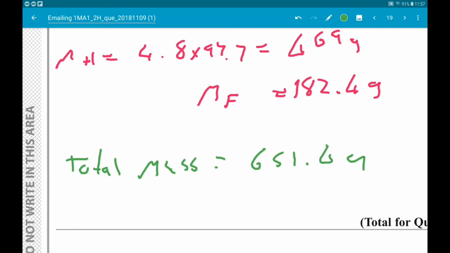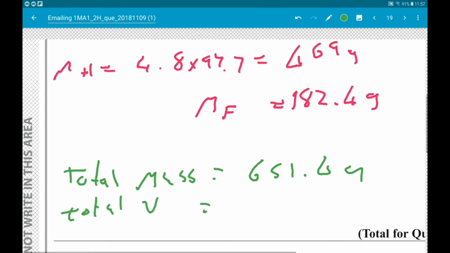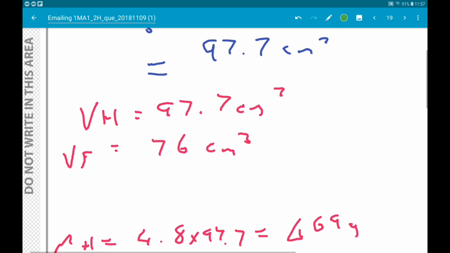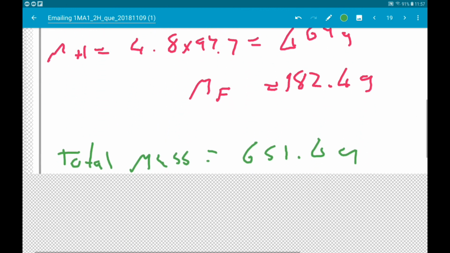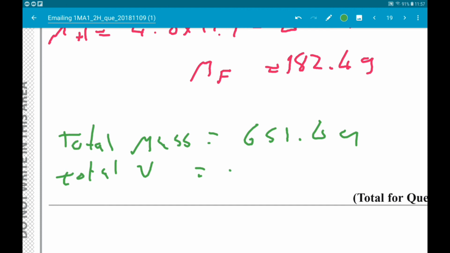Total volume, that's these two numbers added together. So for that we should get 175.7. That's centimeters cubed.